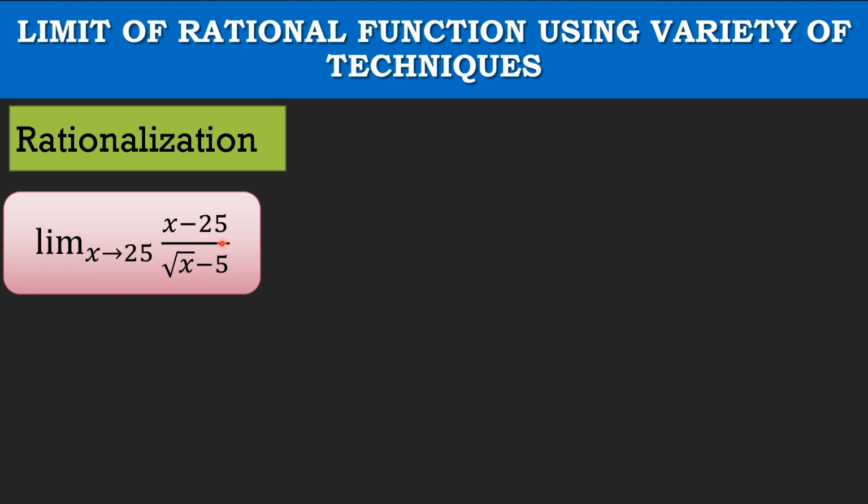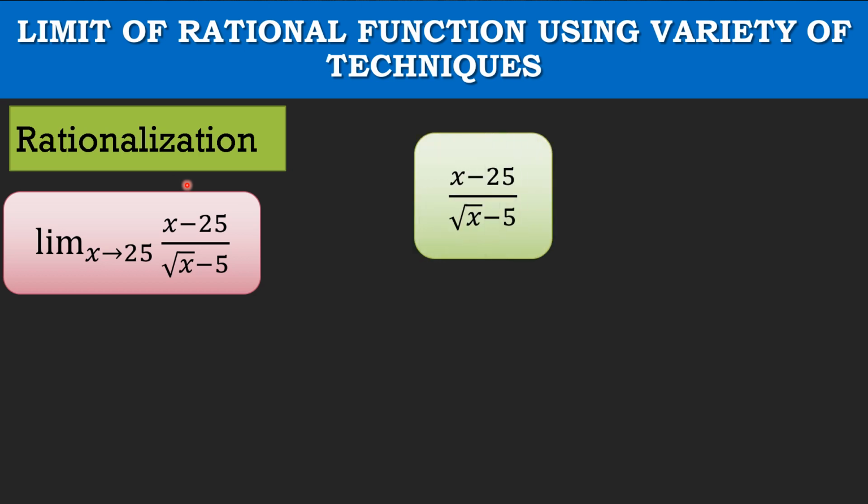Okay, so dito napapasok yung pangatlo nating technique na tinatawag nating rationalization. Kasi meron na tayong existence of your radical sign. Okay, so meron na tayong root here. So, paano nga ba ginagawa yung rationalization? Kopyahin muna natin yung function natin.